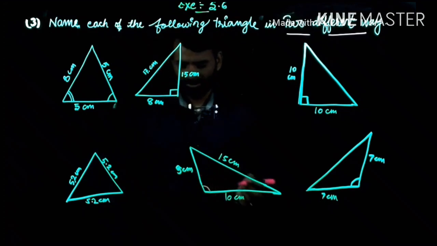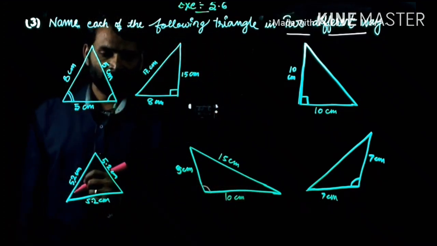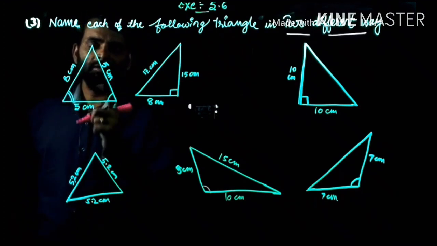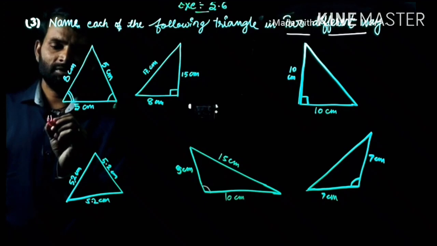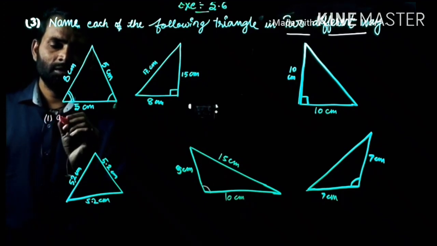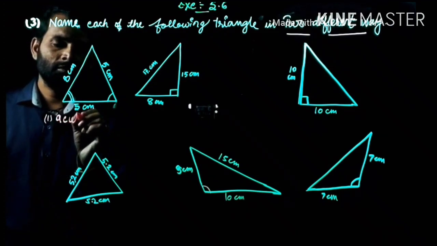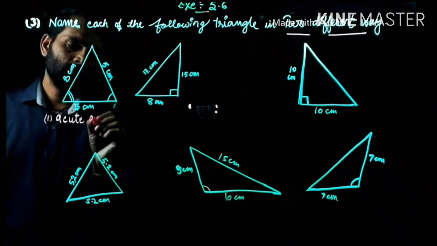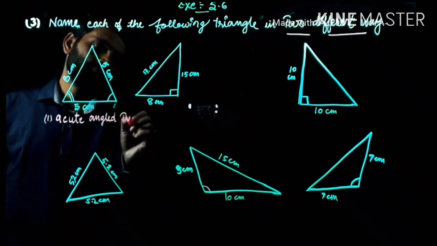The first is A, with sides 5, 5 and 8. All angles are below 90, so the name is acute angle triangle.